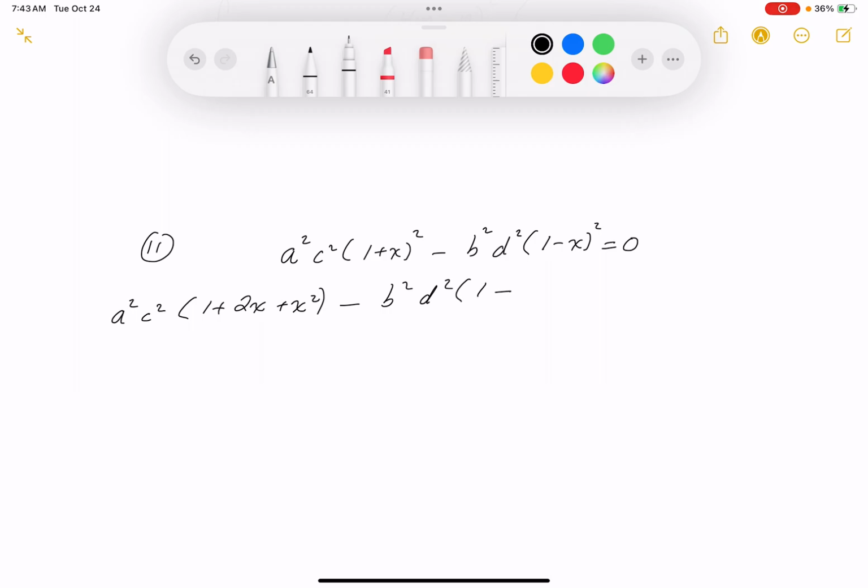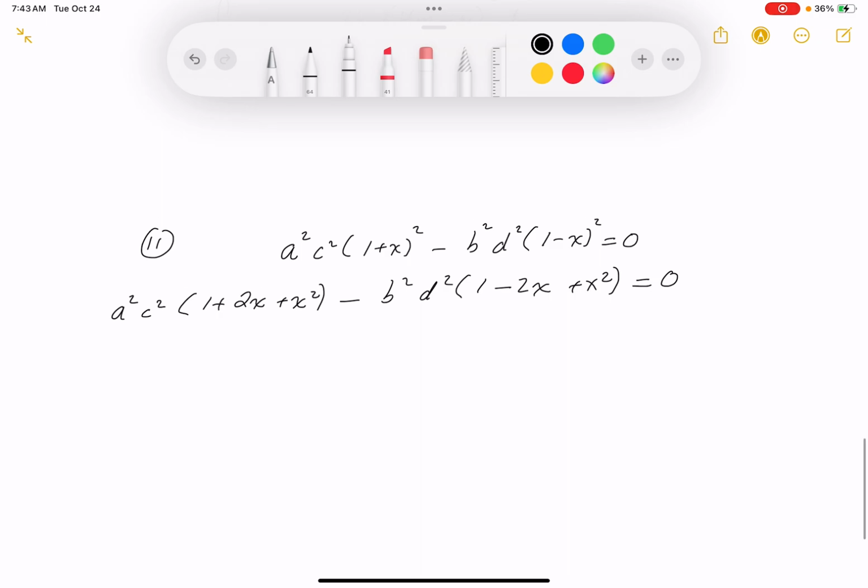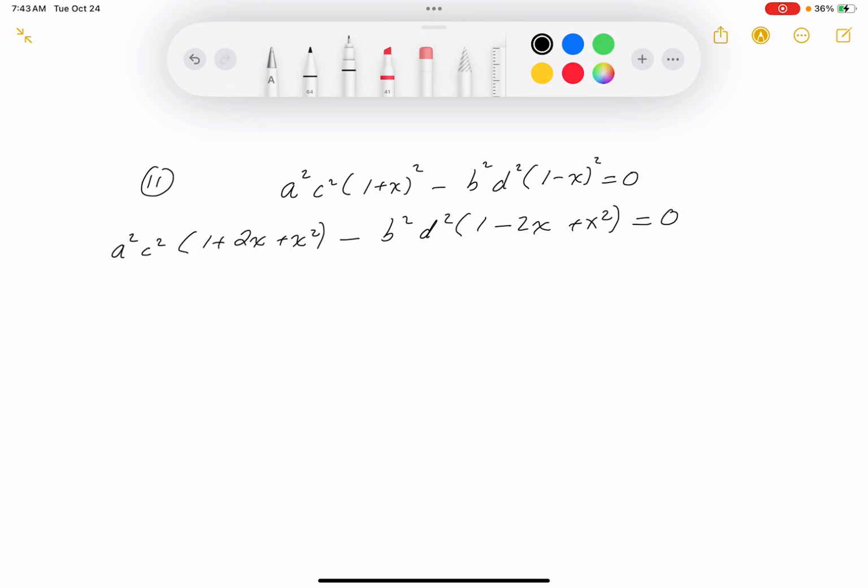This is going to be 1 minus 2x plus x squared equals 0. All right? So what I want to do is get things into x squareds, x's, and then a constant. Remember the parameters are a, b, c, and d.